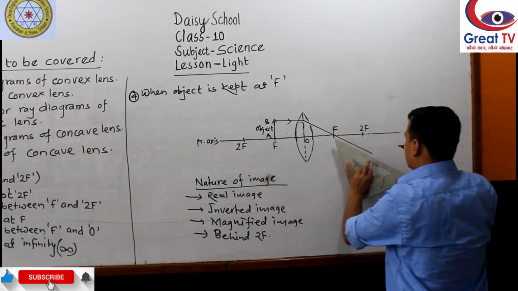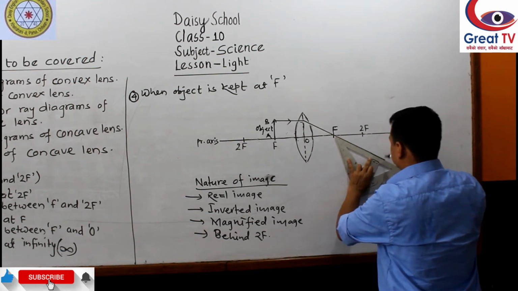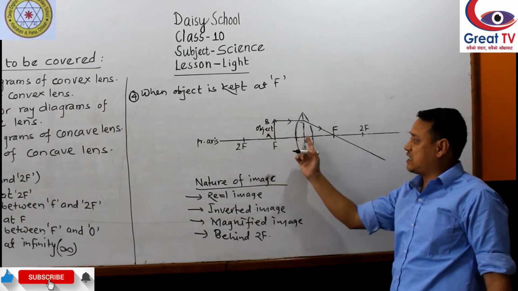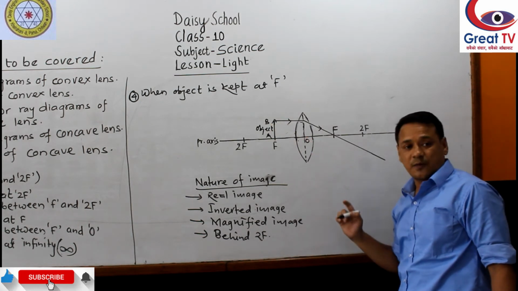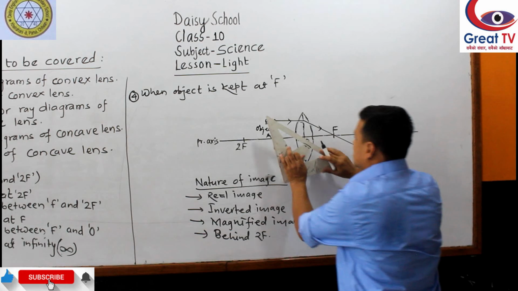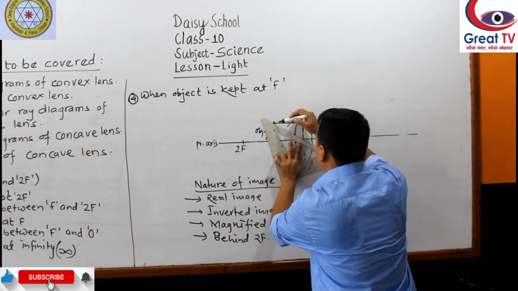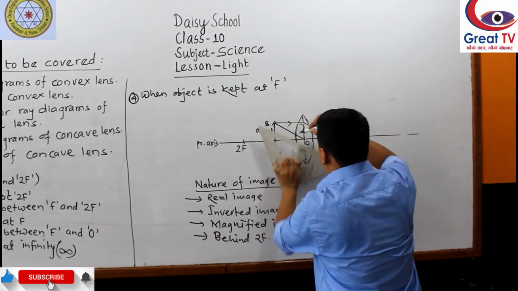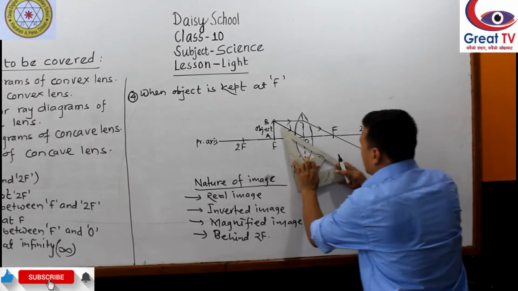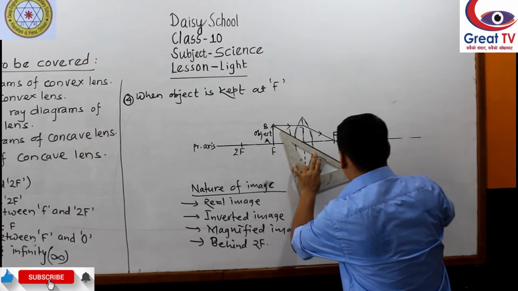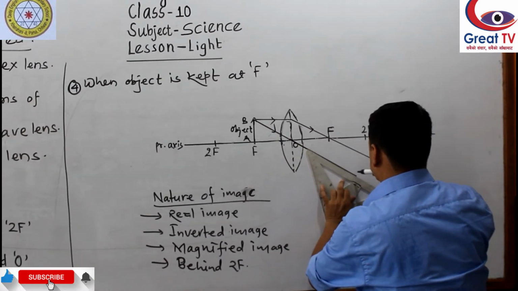Second rule, light rays incident on the optical center pass without bending.